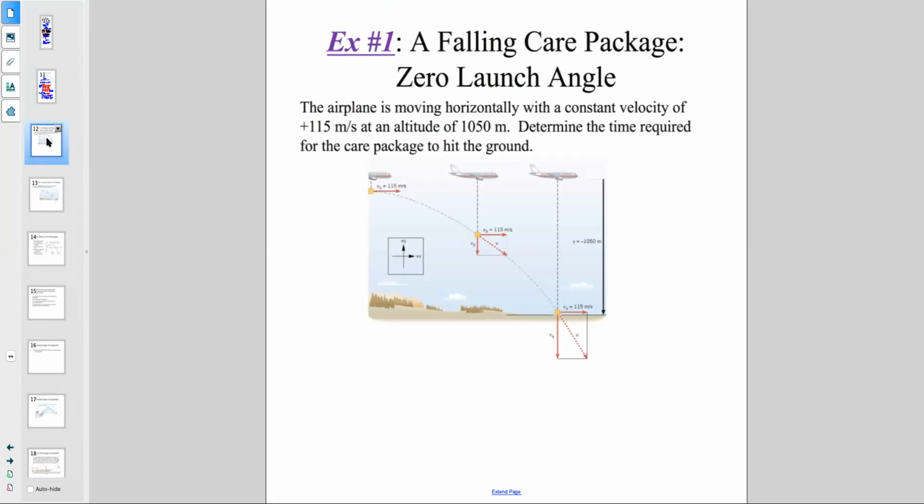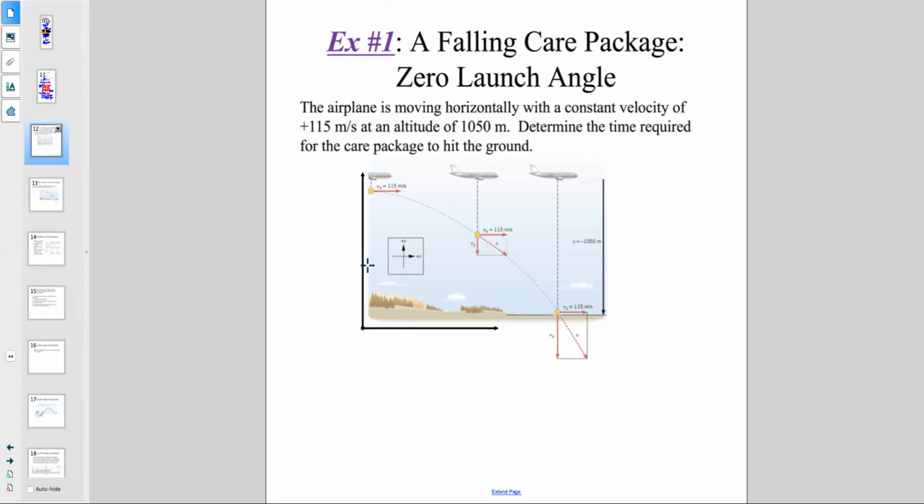So let's take a look. We have an airplane moving in that direction with a speed of 115 meters per second, plus 115. That means we have some sort of coordinate system, so I have to draw a coordinate system right here. So let's see, I have X right there, and I have Y in that direction.